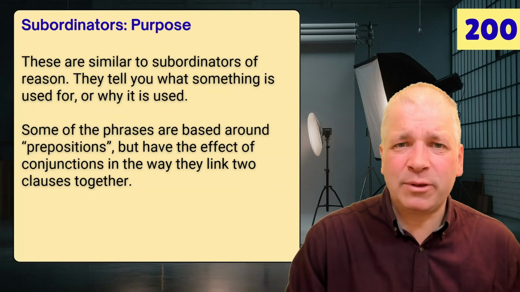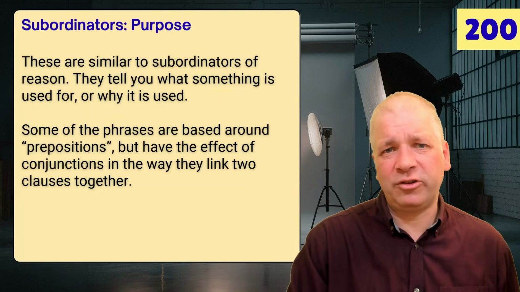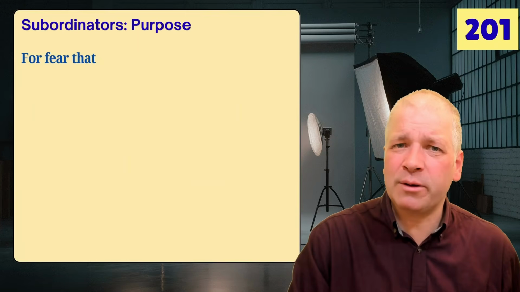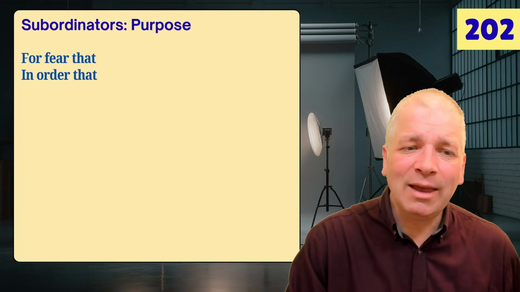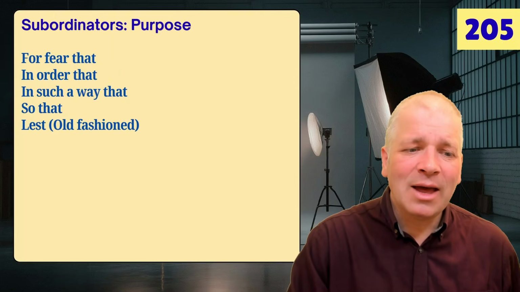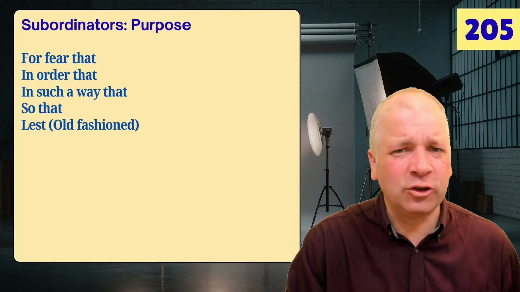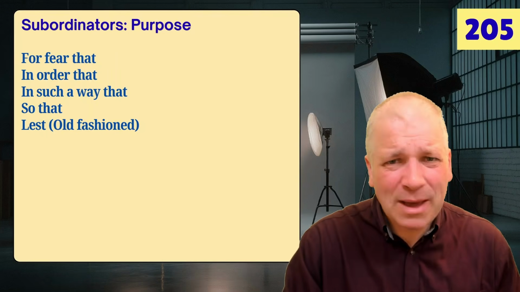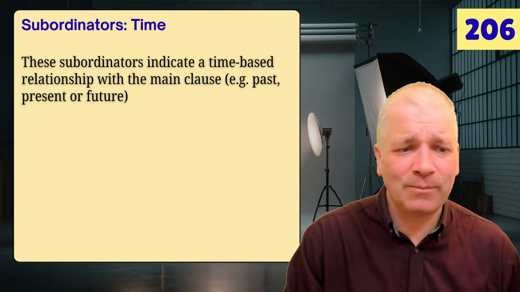So they look like prepositions, but they work as conjunctions in this context. So this is words such as for fear that, in order that, in such a way that, so that. Lest is very old-fashioned. You might read this, but probably best not to use it in your own practice.